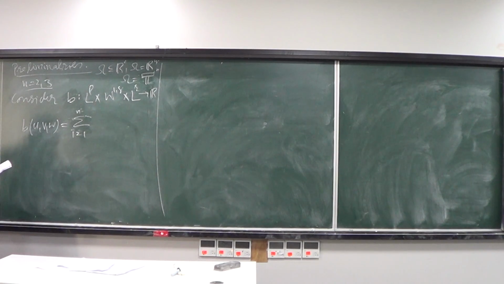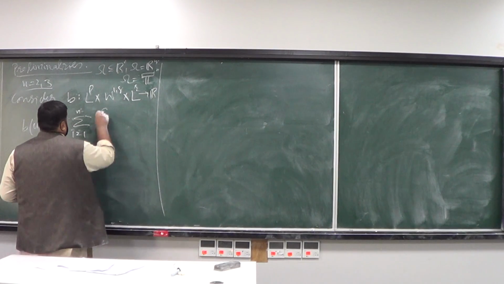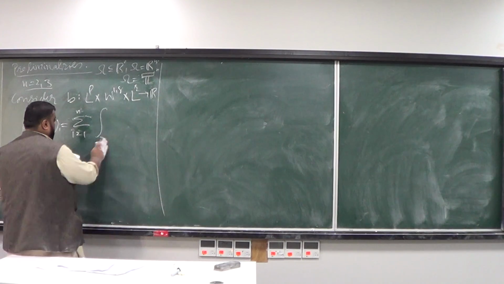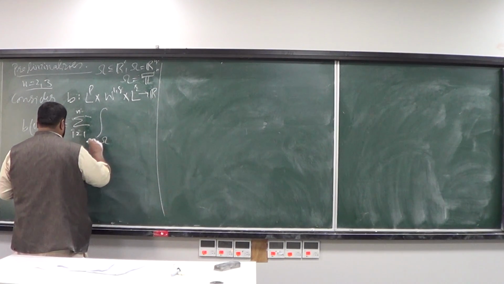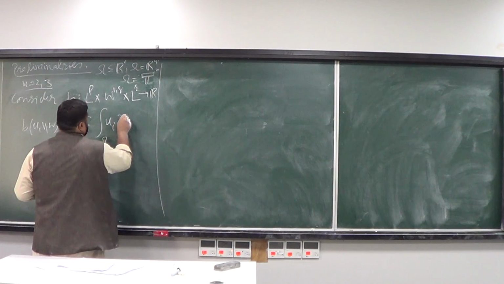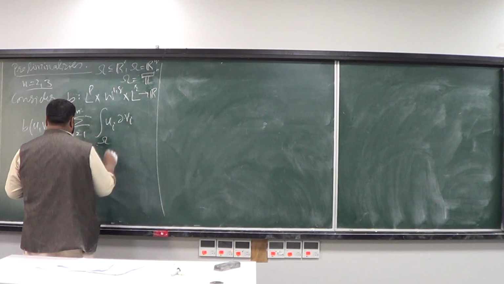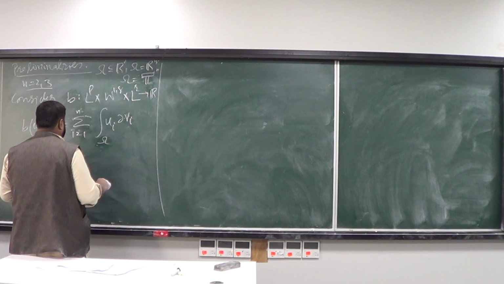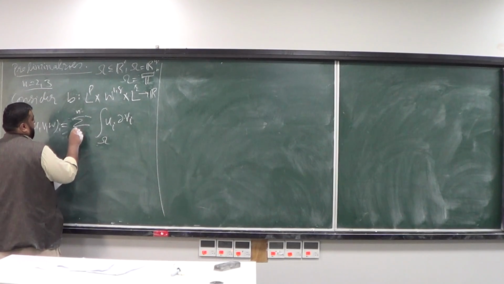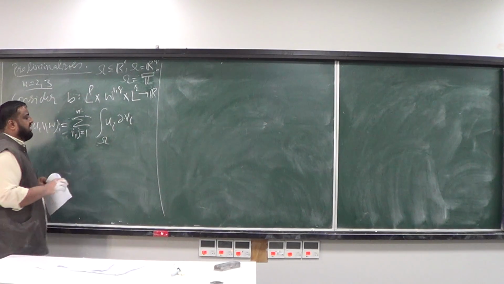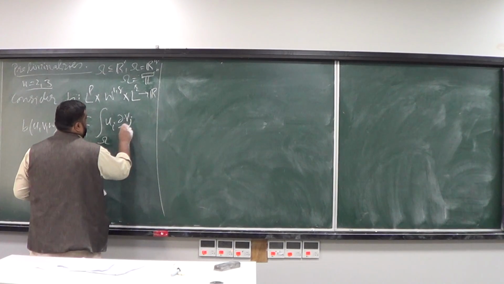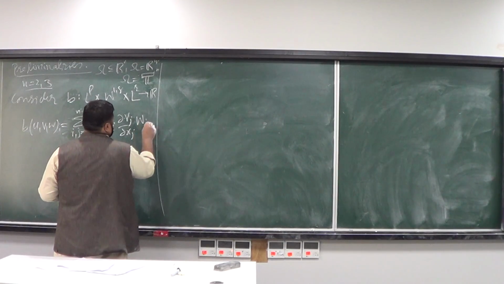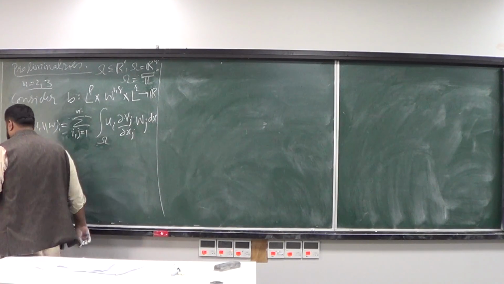So i equal to 1 to n, and this is equal to the integral over omega of the components u_i ∂v_j/∂x_i times w_j dx. It's a double sum, i, j going from 1 to n.